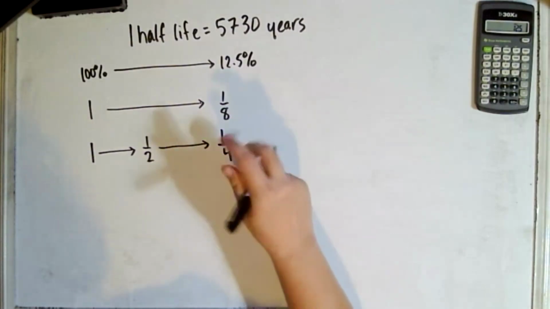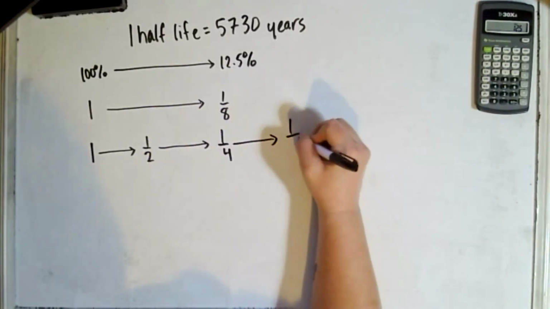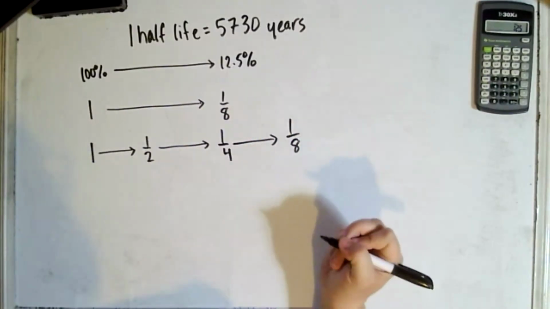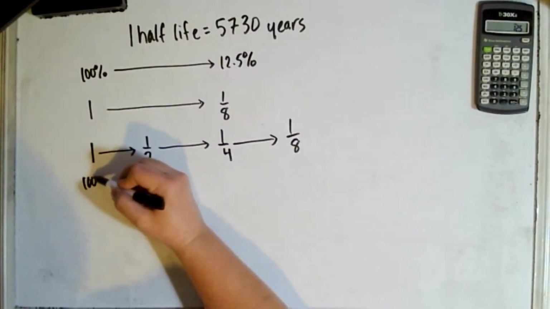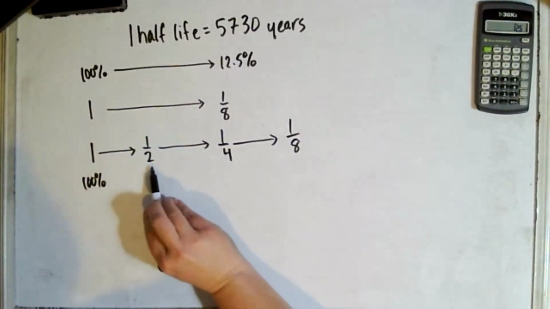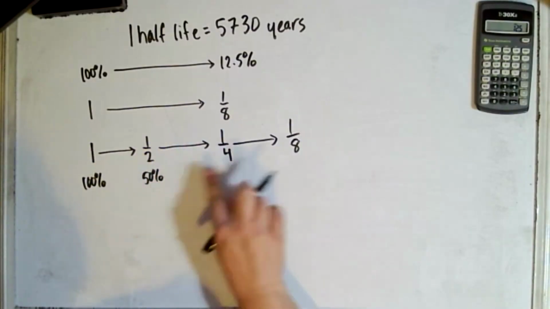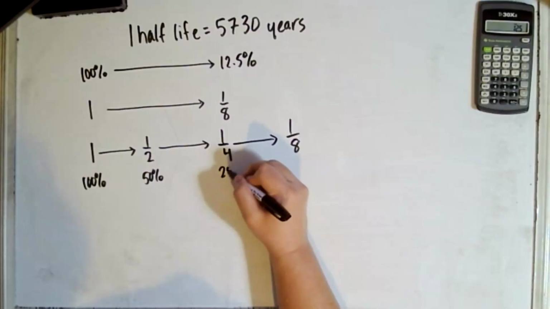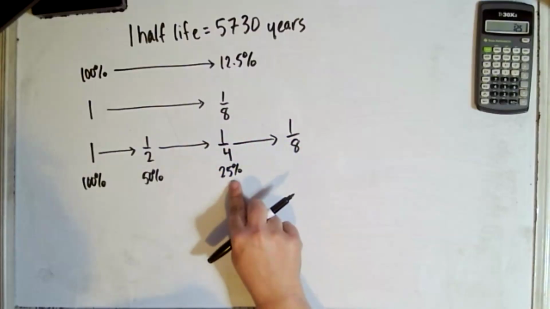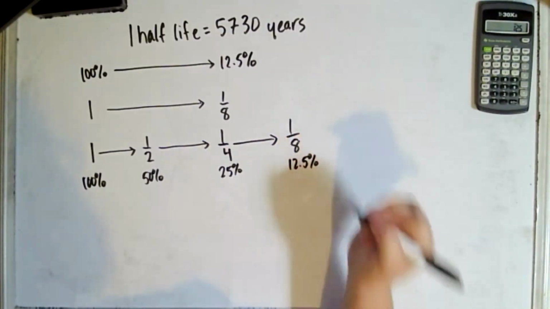When your third half-life goes by, you're going to have a half of a quarter, which is 1/8. Okay. So you originally have 100% of your material here. At your first half-life, you've got 50% of your material left. At your second half-life, you have 25% of your material left. And at your third half-life, you have 12.5% of your material left.